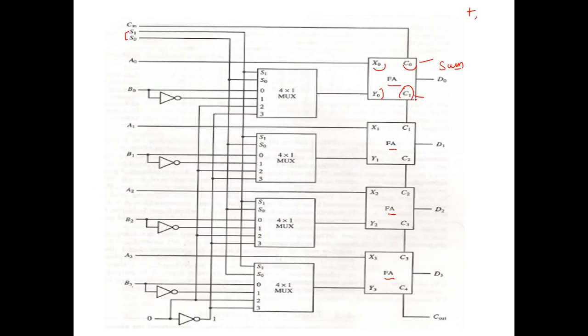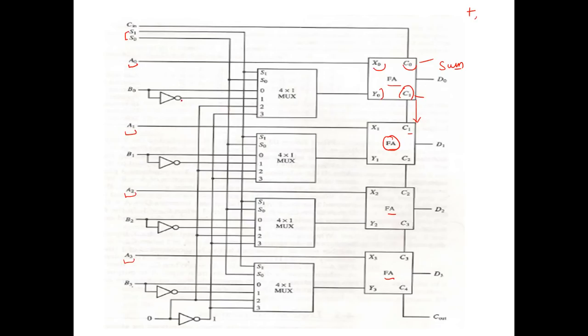If this is the output carry, then it will proceed ahead to satisfy the property of the full adder that it needs three input values. Again, we are not making any changes in A0, A1, A2 and A3. They go directly as input to the full adder.